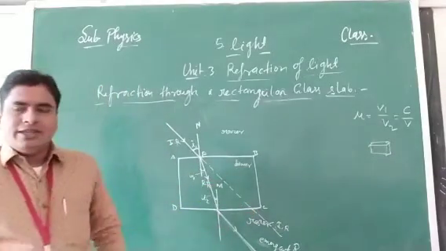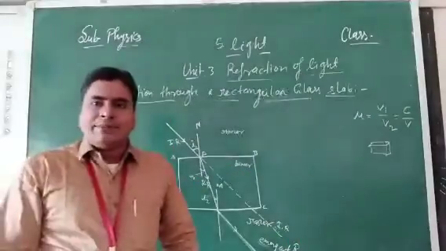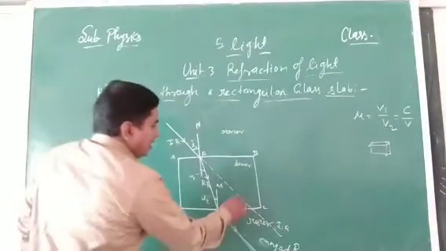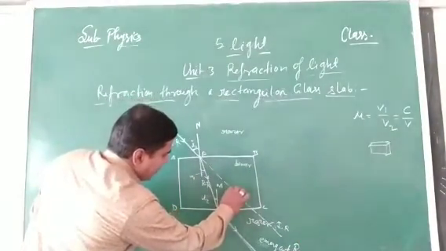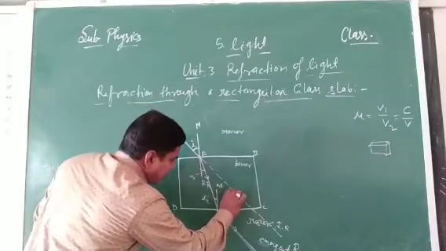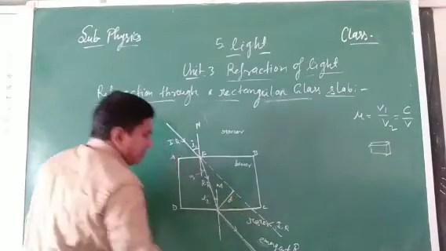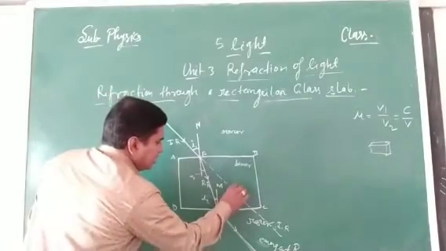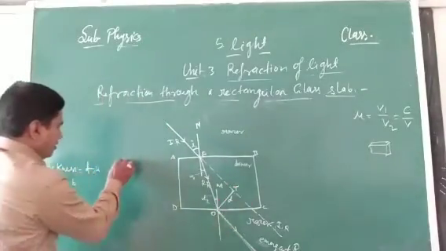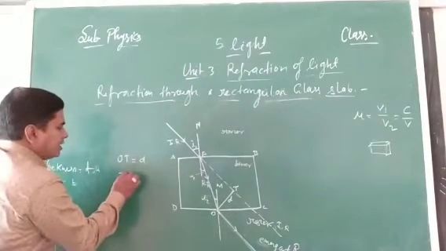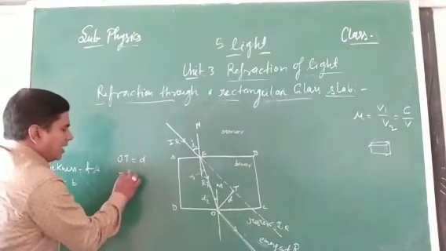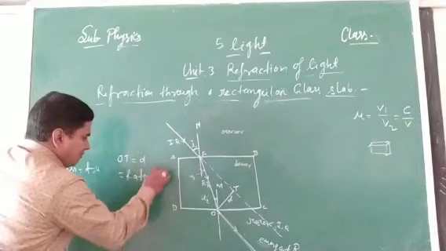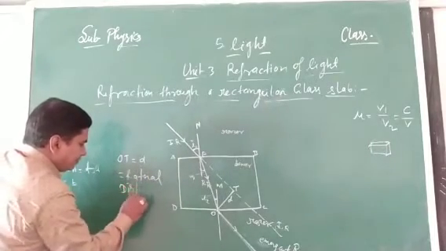This D is called lateral displacement. If we draw the perpendicular to this line, suppose this is O and this is P, then OP is D, the lateral displacement.